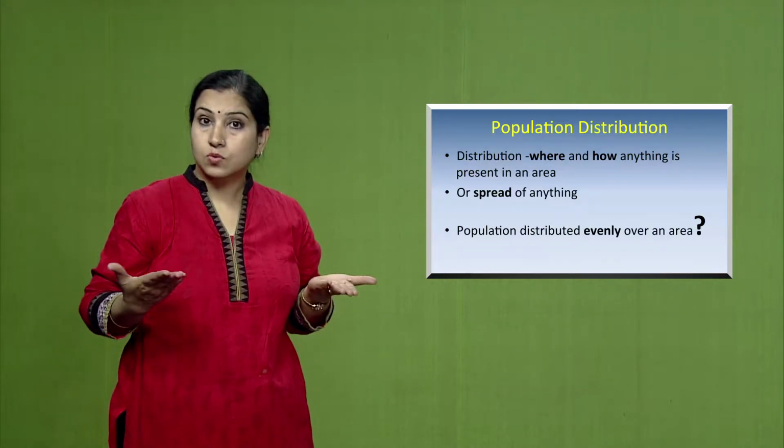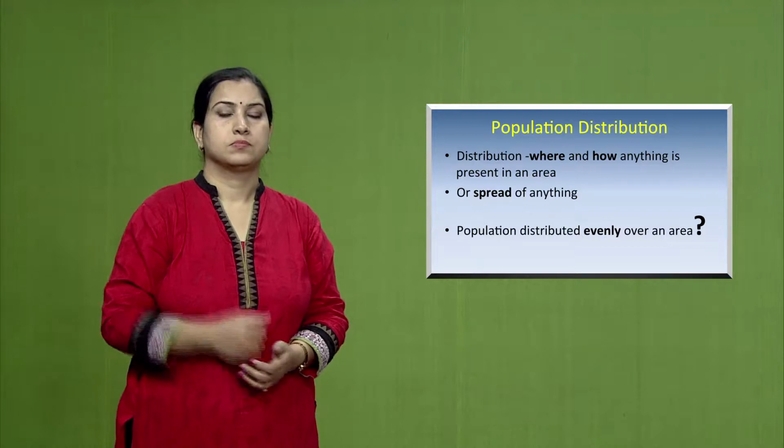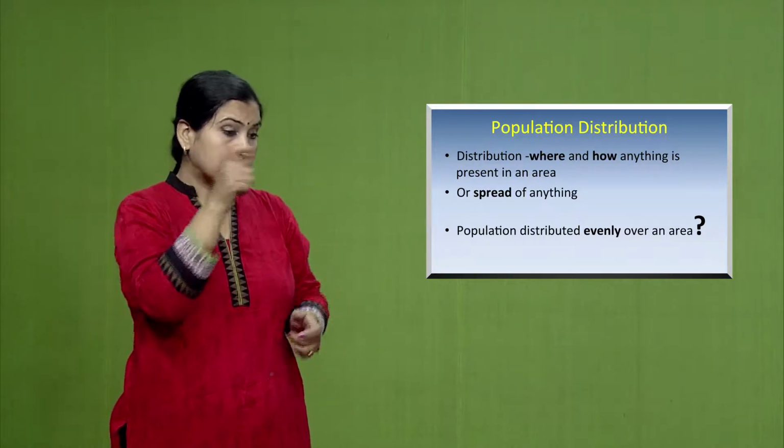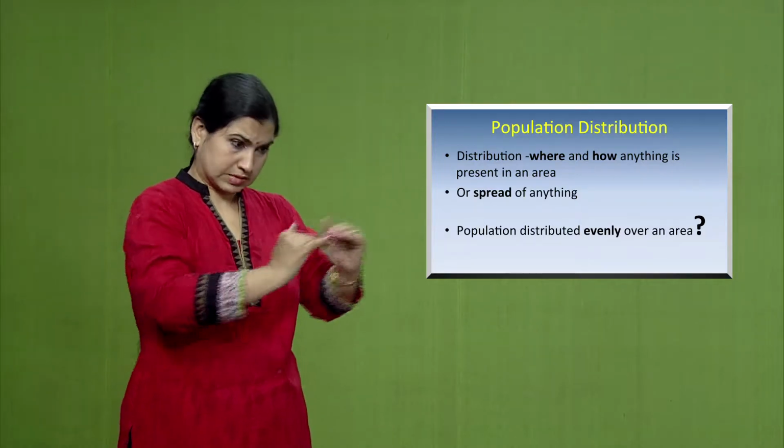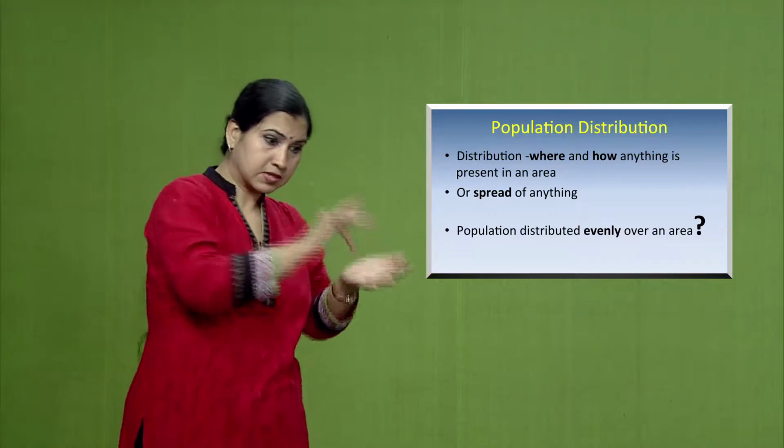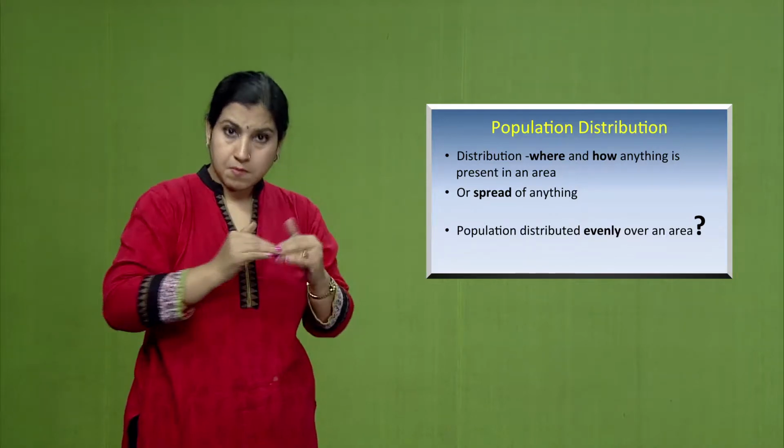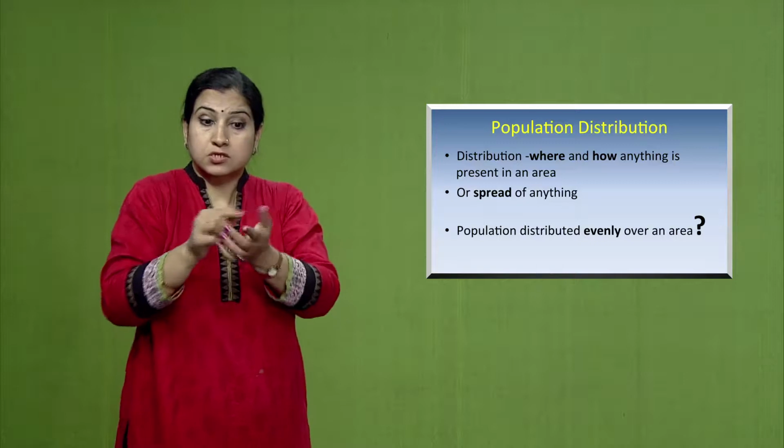So, what do you think, is population distributed evenly all over an area? While some places have lesser population.